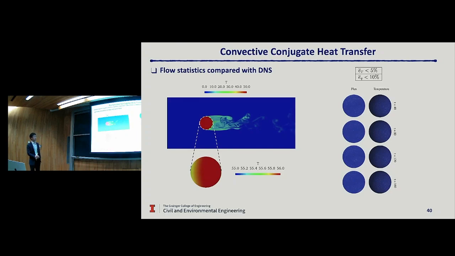We are able to control the error for temperature compatibility under 5%. For the flux compatibility, it's a little bit more challenging, but we are able to control it under 10%. Even though the property ratio, the conductivity ratio between the sphere and the flow, is 10,000.